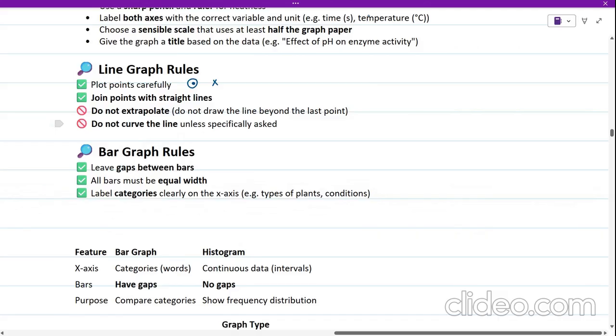The bar graph rules are: leave gaps between the bars. Most of the students cannot differentiate between the bar graph and the histogram. Histograms do not have any spaces, while bar graphs have. All the bars must be of equal width.